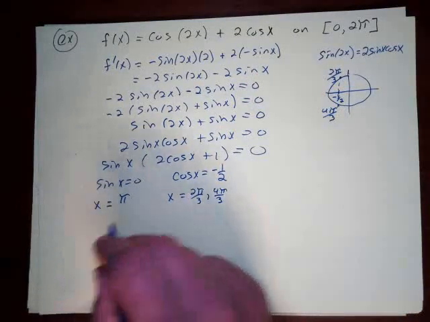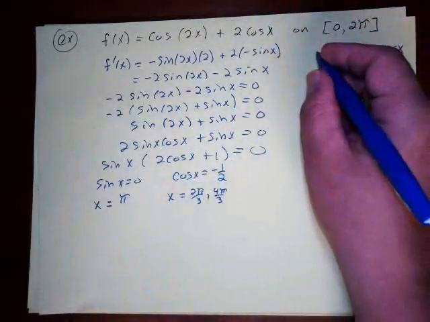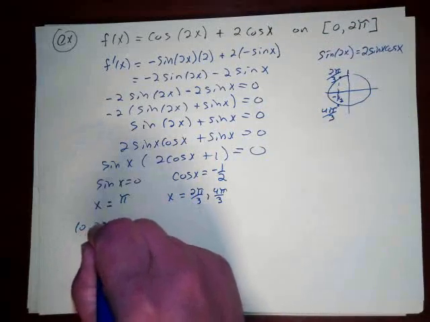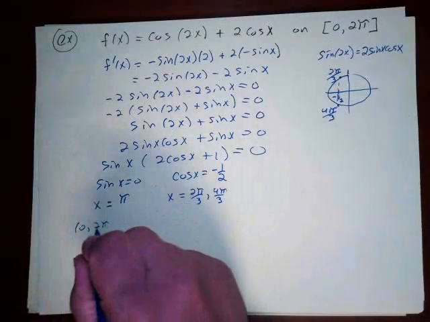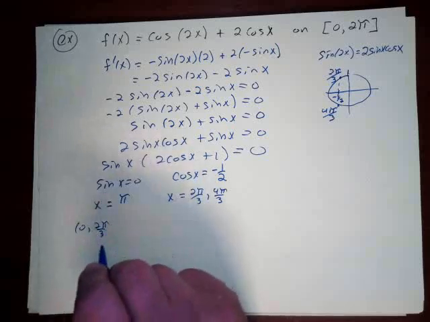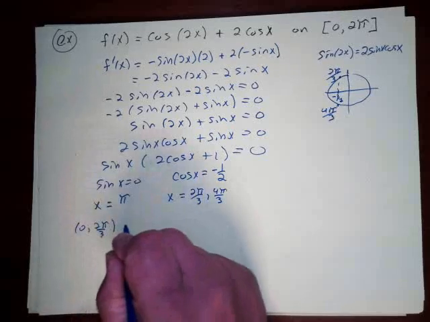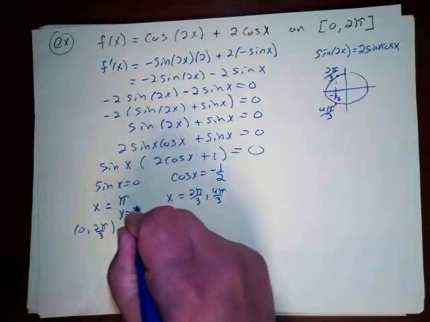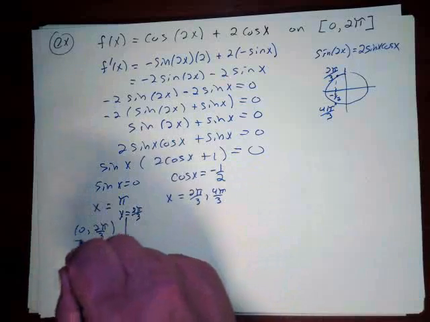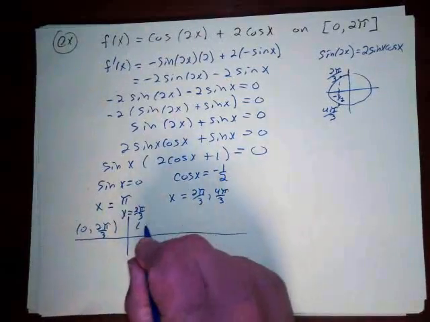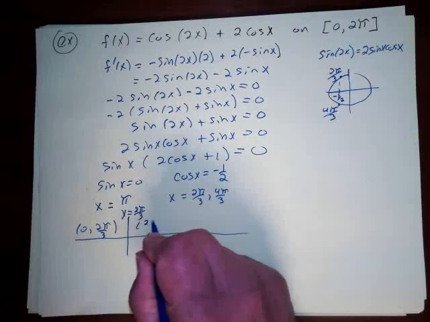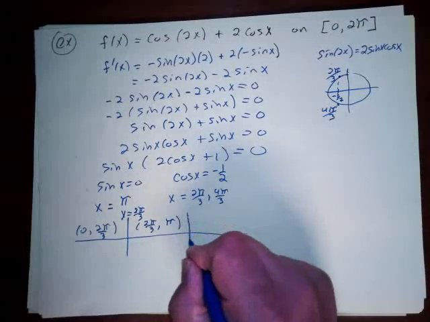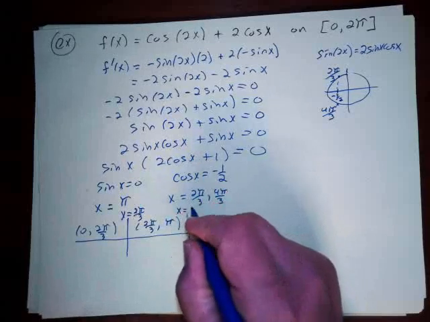So now let's set up a table. So I'm going to go from 0 to 2 pi over 3. And that takes us up to this critical point. And then I'm going to go from the 2 pi over 3 to pi, that takes me to this critical point.